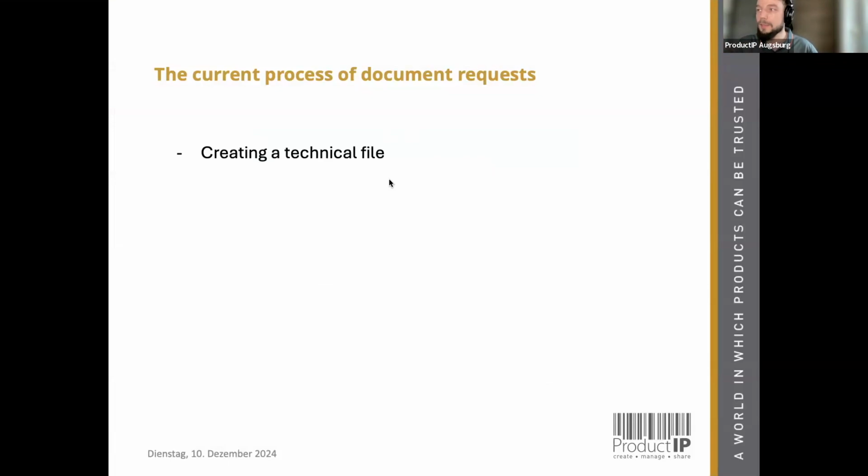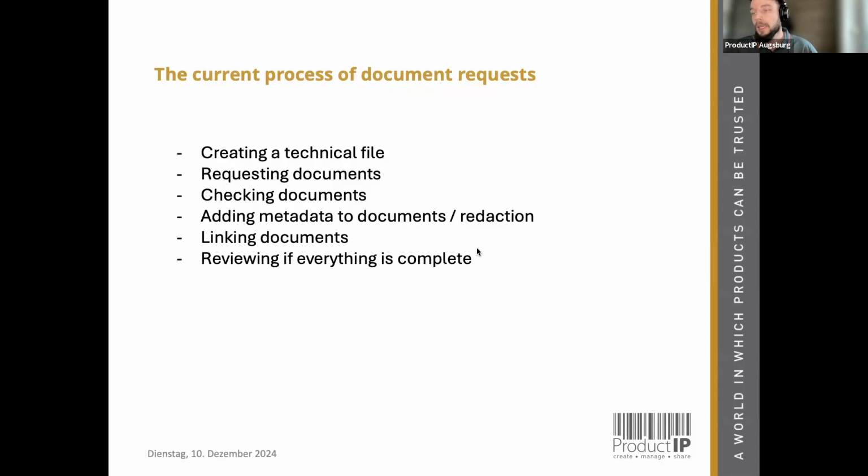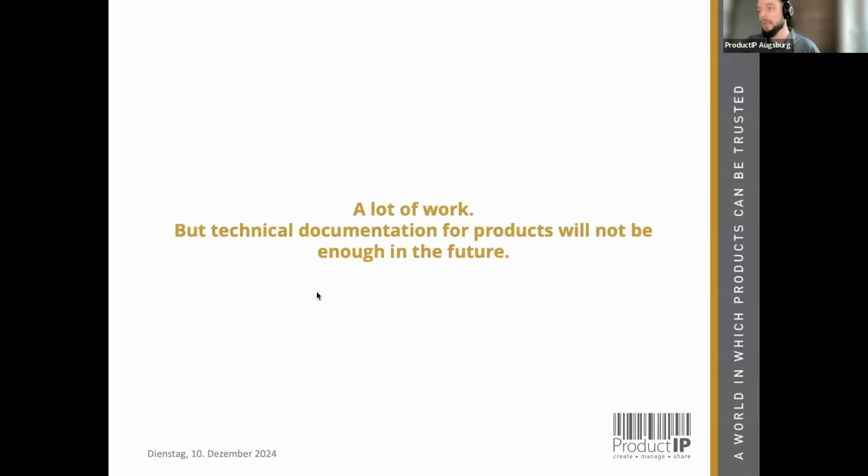That means creating a technical file, requesting documents, checking those documents, adding metadata to those documents, maybe blackening some confidential information, redacting the documents, and linking them to requirements. At the end, you would review if everything is complete and repeat this process. So this is very familiar, I think, to most of you. This is already a lot of work.